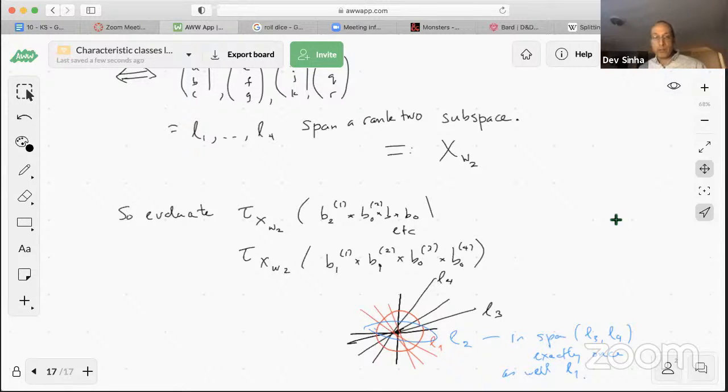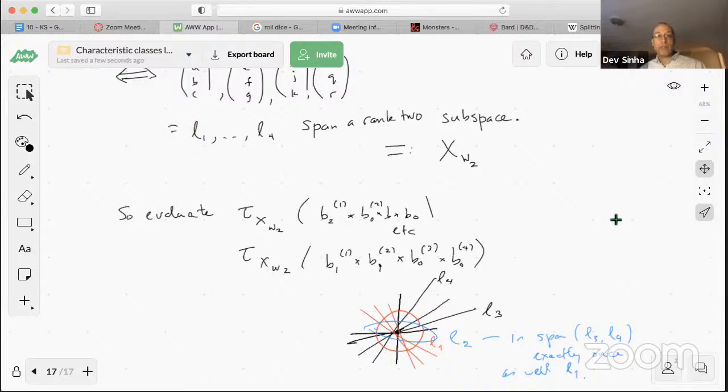That RP1 cross RP1 is going to cross this plane exactly once. Cross this X sub W2 exactly once, when those representing circles that are the unit vectors on the L1 and L2, when they cross the plane exactly in 2 points, but of course we're identifying those as an RP0 of intersection.